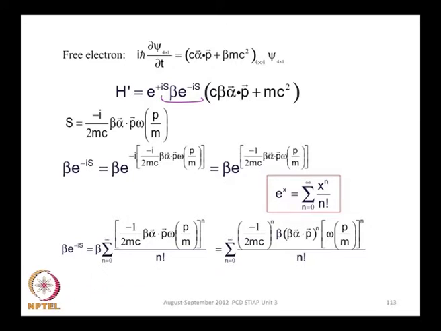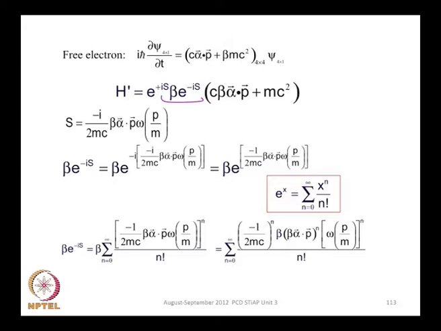So we plug in this infinite series, and it has got minus 1 over 2 mc to the power n, and then you have got beta alpha dot p times this omega function, which is yet to be determined, to the power n.